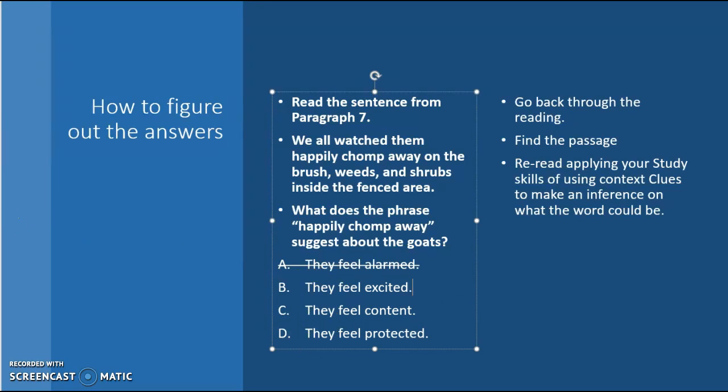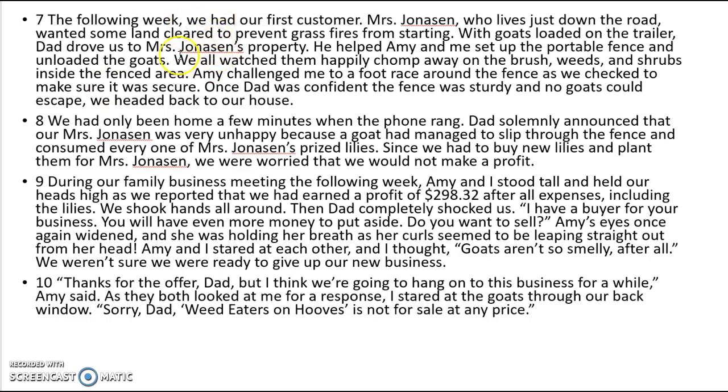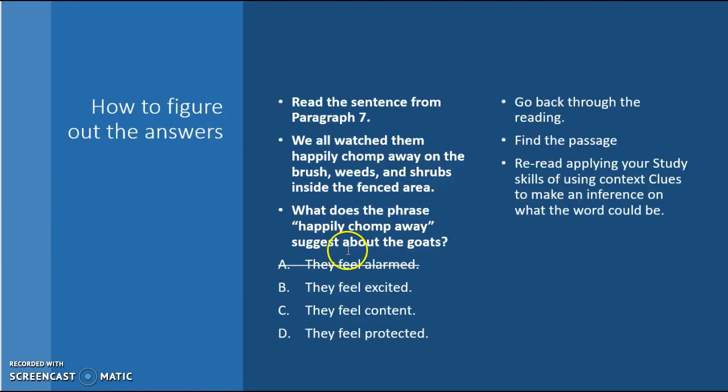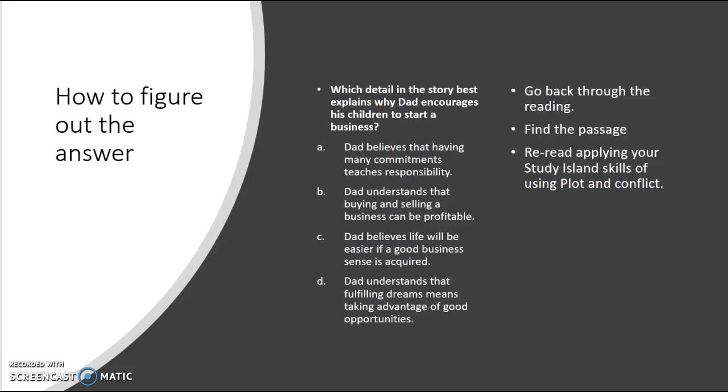So we could go back through to paragraph 7, reread the whole thing, and that can give us a better idea of using the context clues here. So that is one thing that I recommend that you do, is just go back and double check your answers. Process of elimination is just a really great test-taking skill when you're in a test like YTOP, where you can immediately get rid of answers.